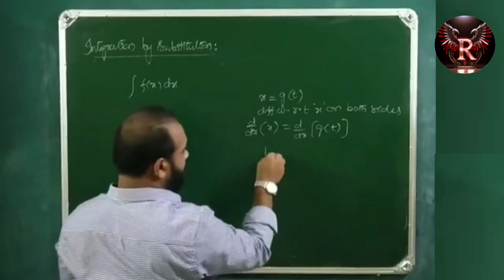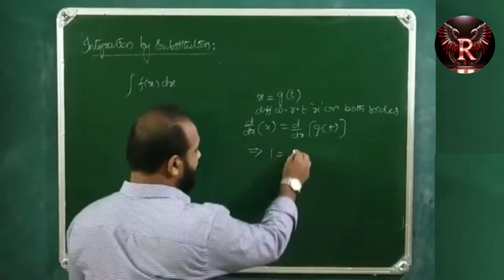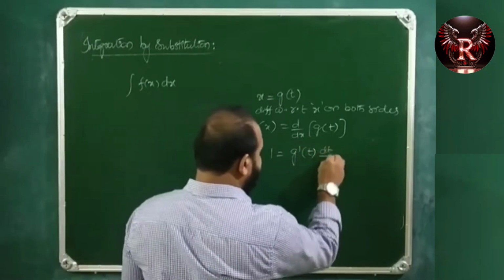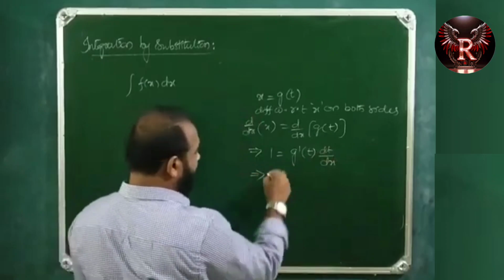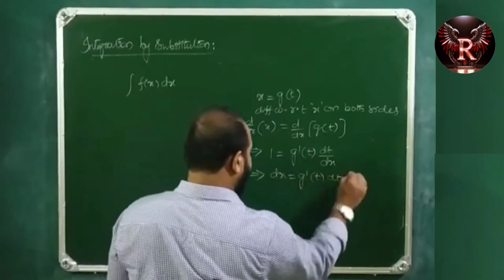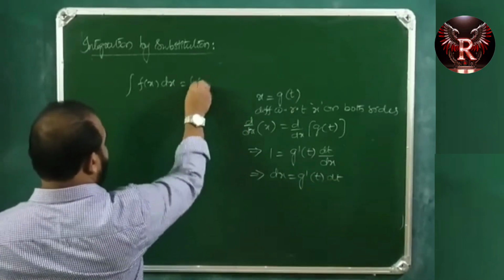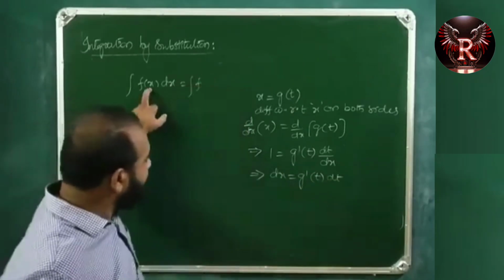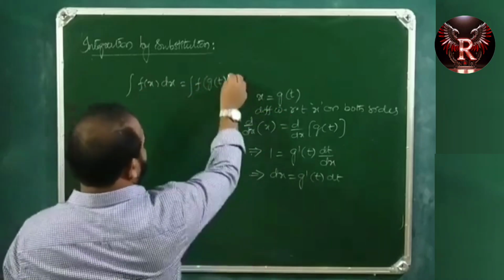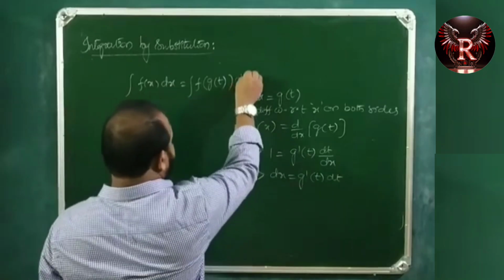So d by dx of x is 1, which is equal to d by dx of g of t, which is g dash t into dt by dx. So dx is equal to g dash t dt. So integral f of x, where x is equal to g of t and dx is equal to g dash t dt.